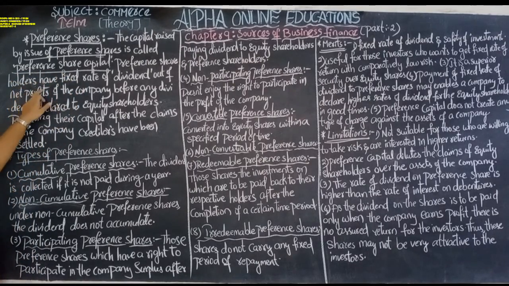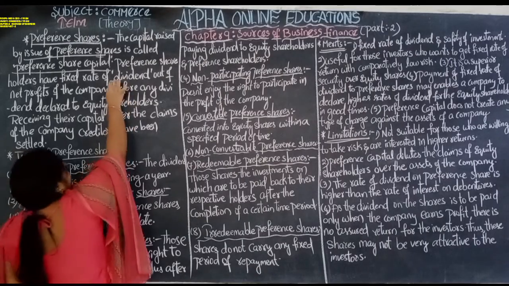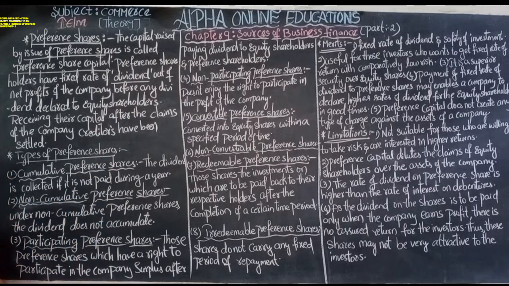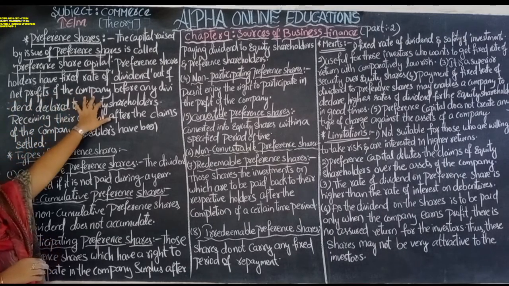Preference shareholders have a fixed rate of dividend. Equity shareholders don't have a fixed dividend, but preference shareholders have a fixed rate of dividend out of the net profit of the company.